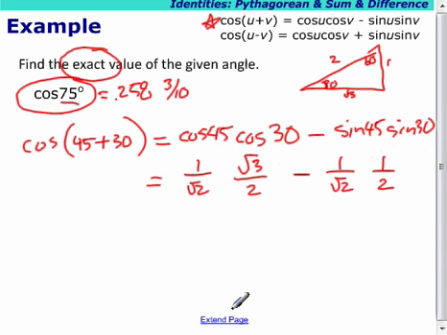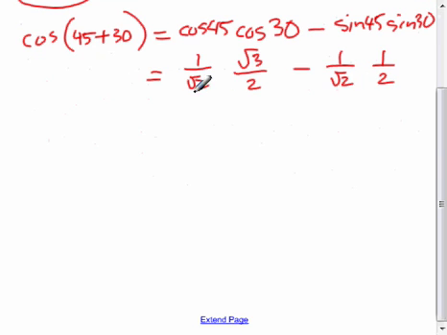Now, all that's left to do is to simplify this expression. I need to get a common denominator here. Actually, maybe let's rationalize this denominator. So let's multiply top and bottom by root 2. That'll give me root 2 on the top and 2 on the bottom, times root 3 over 2.